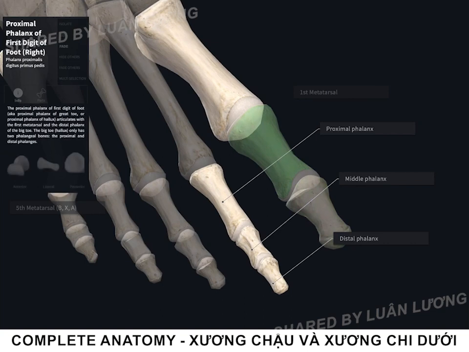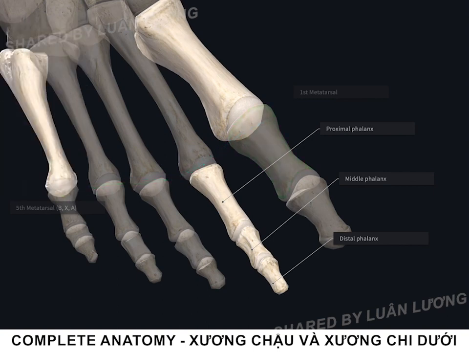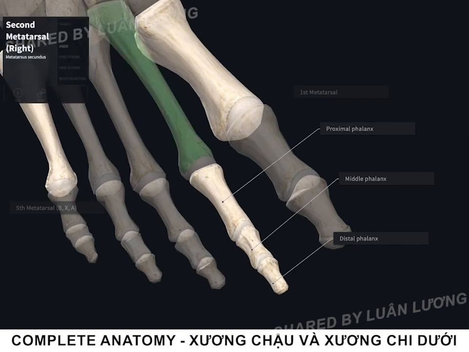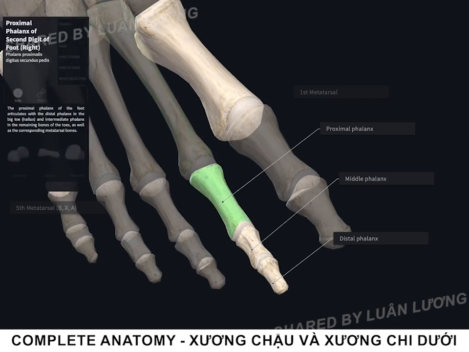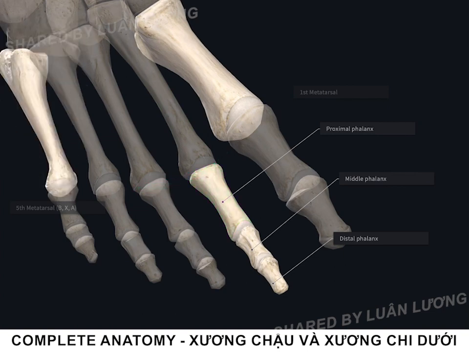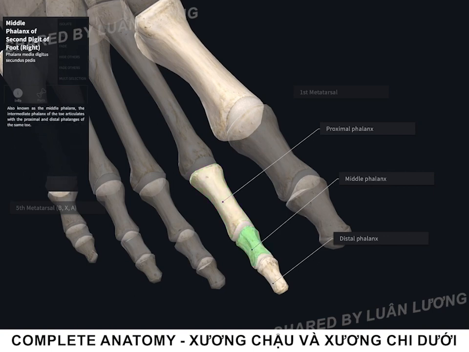Now, what we're going to see as we look at the joints in the foot is that these are going to have specific names. So where the metatarsals meet up with the phalanges is the metatarsophalangeal joint. In the digit itself, between the proximal phalanx and the middle phalanx, this is going to be the proximal interphalangeal joint, while between the middle and distal phalanx will be the distal interphalangeal joint.